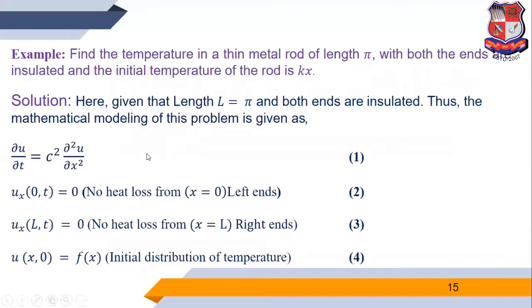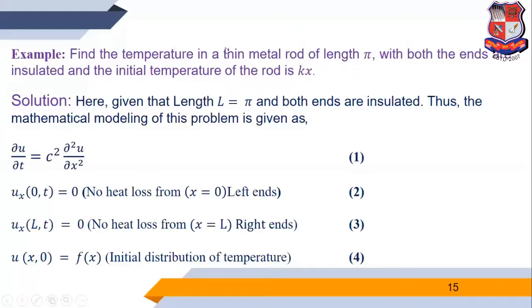Now we take one example. Find the temperature in a thin metal rod of length pi with both ends insulated and the initial temperature of the rod is kx. So again I repeat the question.